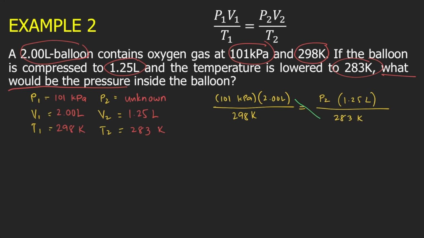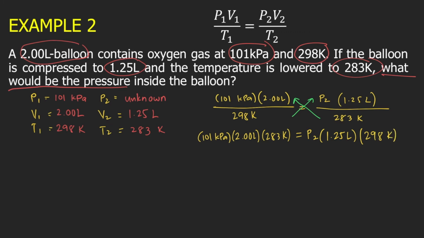So you can do cross multiplication. So this becomes 101 kilopascal times 2.00 liters times 283 Kelvin equal to P2 times 1.25 liters times 298 Kelvin.